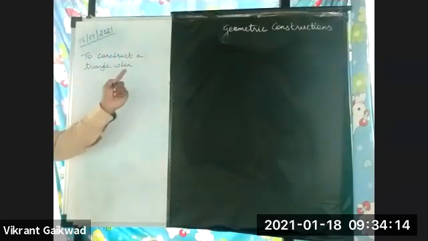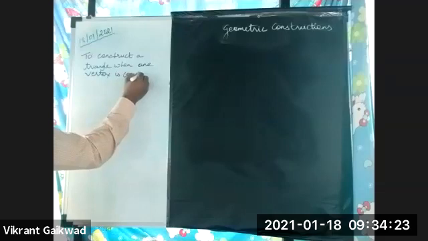Check, to construct a triangle when one vertex is common. When you have got a common vertex.